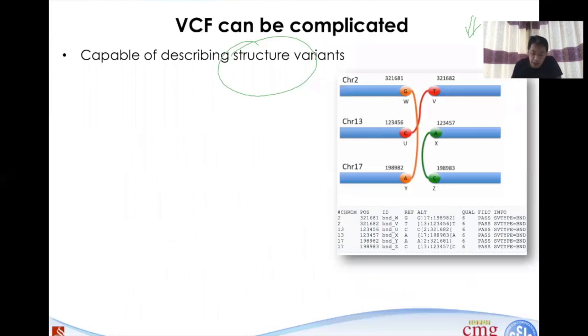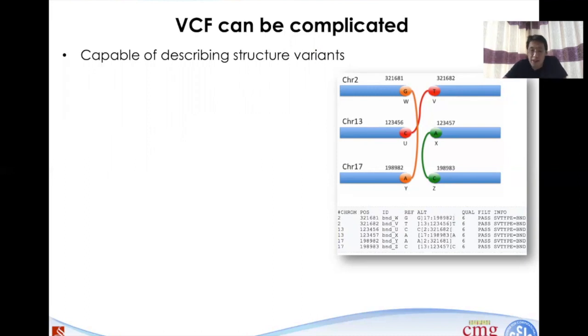If you think those are not complex enough, actually VCF can be very, very complicated. It can document many different types of genetic variations. In the cancer genome, we know there are a lot of structural variations, and VCF is flexible enough to include information like this type of structural variation.